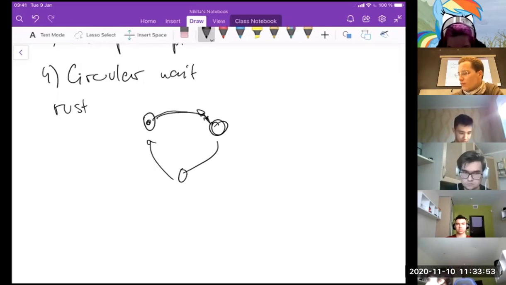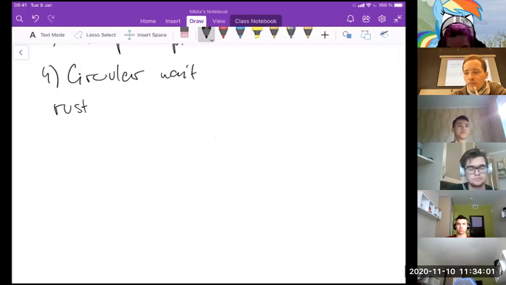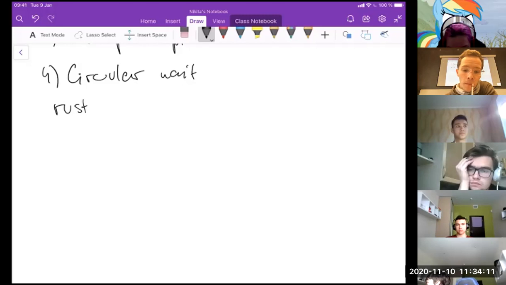We can enumerate resources and give a process a resource with a greater number than all of the previously acquired. I think there will be corner cases that will not satisfy, but there will be no loop. There will be no loop then.